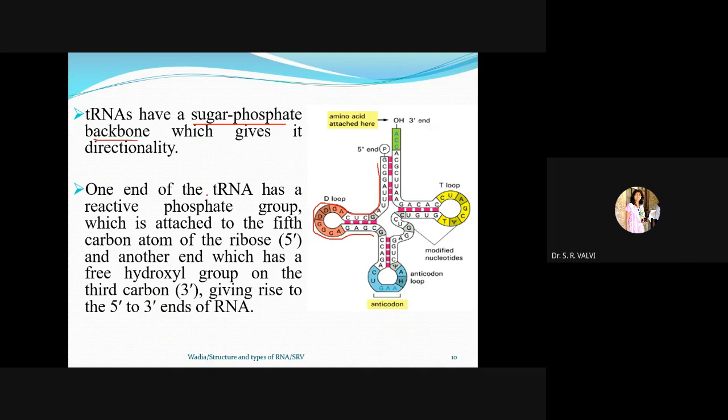One end of tRNA has a reactive phosphate group, that is, this 5' end, which is attached to the fifth carbon atom of the ribose sugar. This is attached to here, right? Whereas the hydroxyl group is attached to the third carbon. See, where 3 prime is written over there, it is the third carbon to which this OH group is attached.